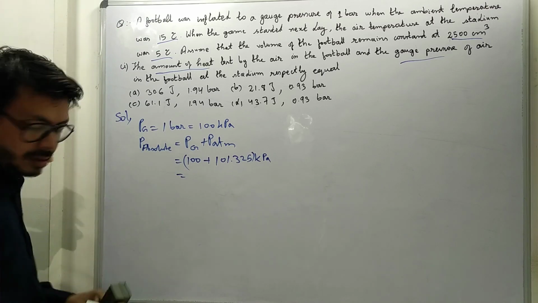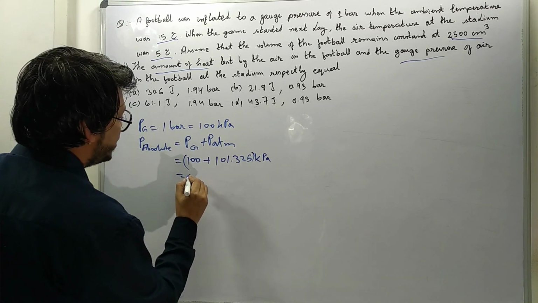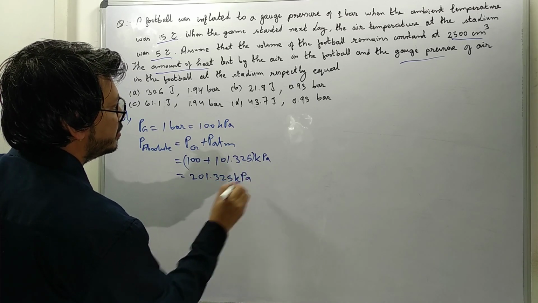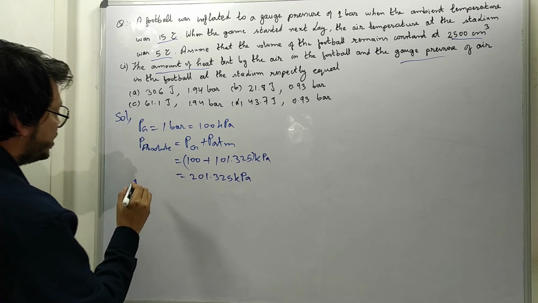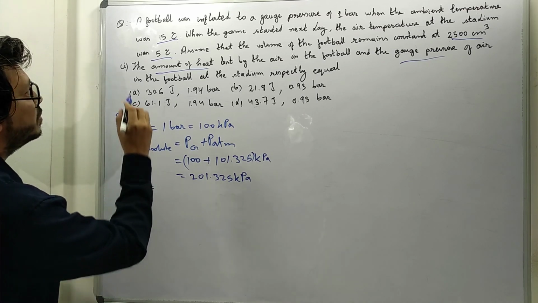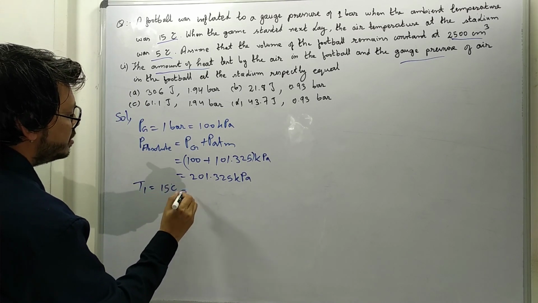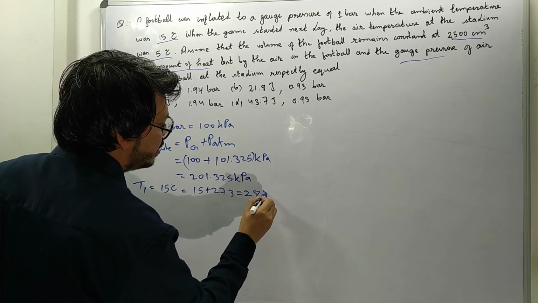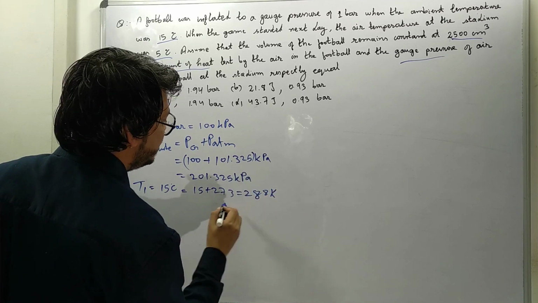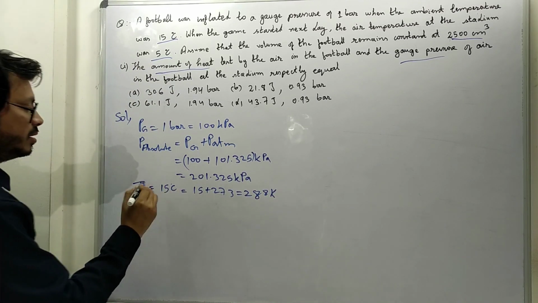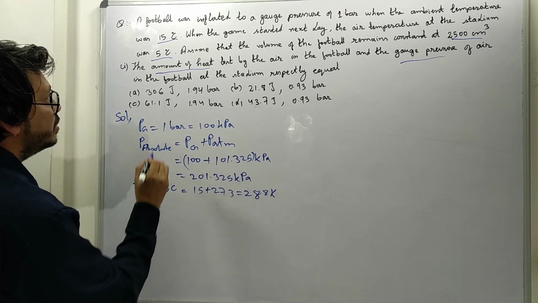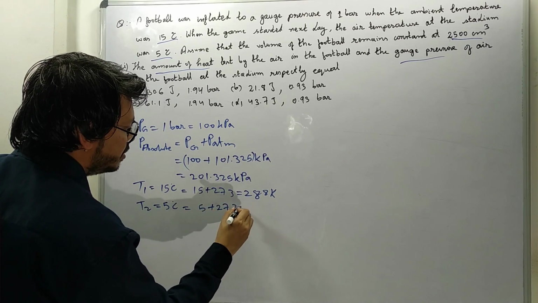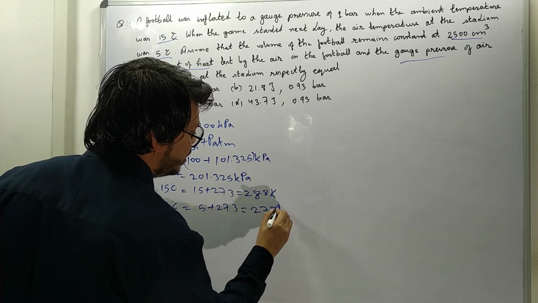So the value of absolute pressure is 201.325 kilopascal. Now initial temperature T1 is equal to 15 degrees centigrade, 15 plus 273, that is 288 Kelvin. If we convert it in Kelvin, we add 273. Now final temperature T2 is 5 degrees centigrade, 5 plus 273, equal to 278 Kelvin.